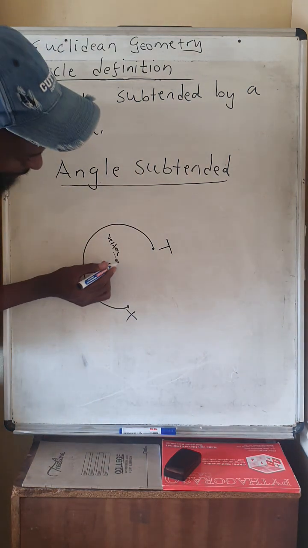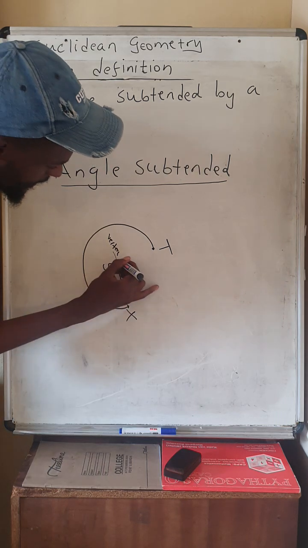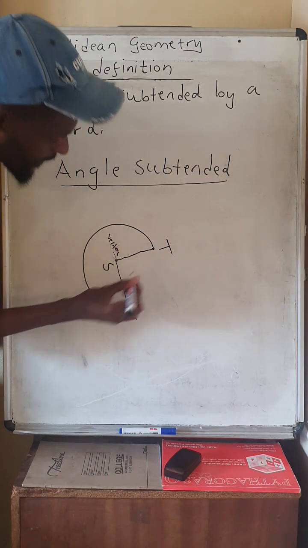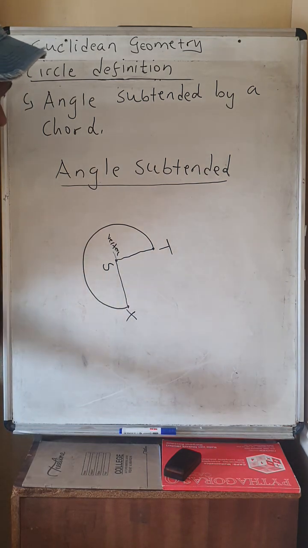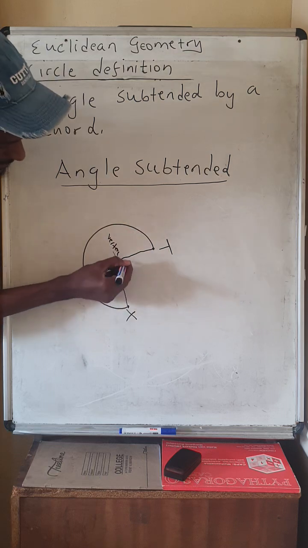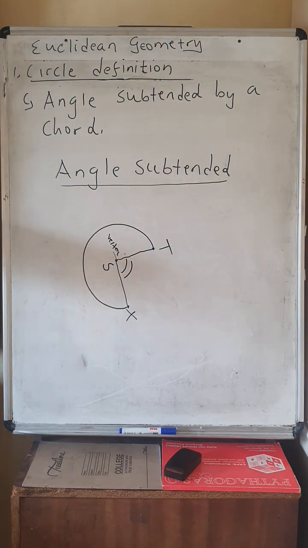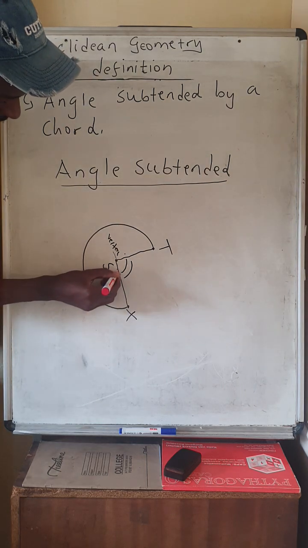So now I'm going to draw the arms. One arm must touch X, and the other arm must touch T. The question is, because there are two angles here, which angle is being enclosed by this arc? Is it this angle or this angle here? Let me use red to indicate the other angle, because in this case you can see there are two angles. There is also this angle.